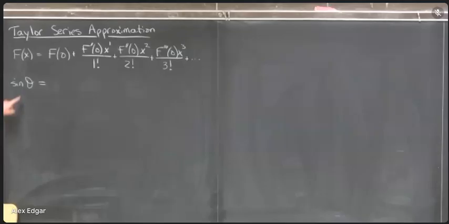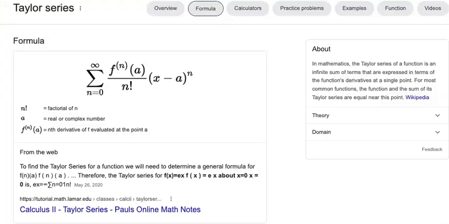Let's use sine 0 and its derivatives and see what the Taylor series approximation, that's what this is. Or if you want to take a look at the compact form in summation notation, what we have here is the compact form where we say we're going to add up from the 0th derivative to as far as we need, and that's going to get us the value at where we want to be.